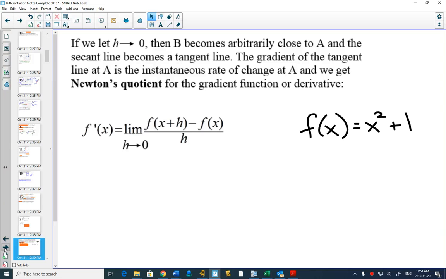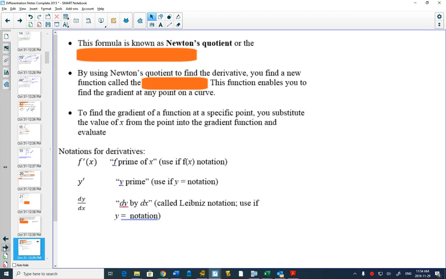Okay, so this formula is known as Newton's quotient, or the first principles of the derivative, or the definition of the derivative. And using Newton's quotient to find the derivative, you can find a gradient function.